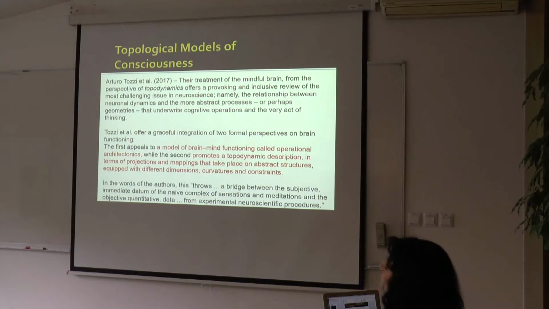And topological models of consciousness. I'm going to end with this. In my paper, I opted for the very, very recent topological models of consciousness by Arturo Tozzi and his group of scientists. Their treatment of the mindful brain from the perspective of topodynamics offers a provocative and inclusive review of the most challenging issues of neuroscience.